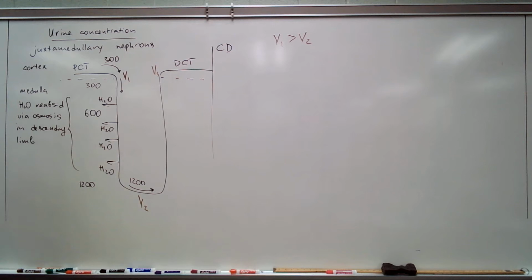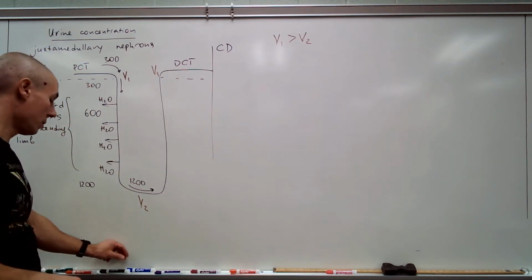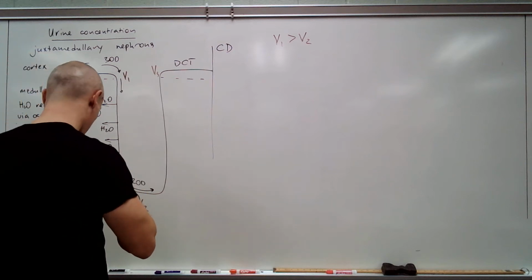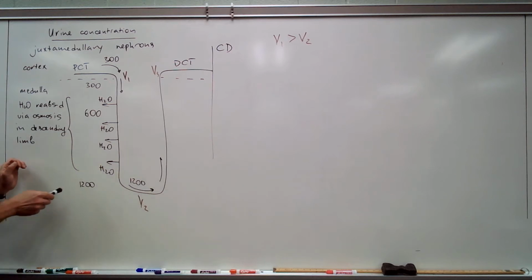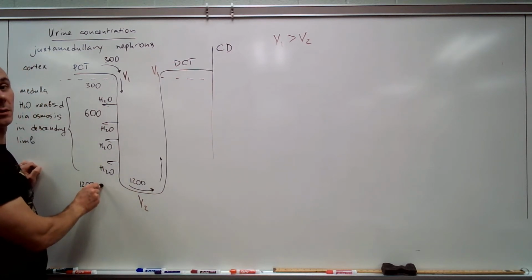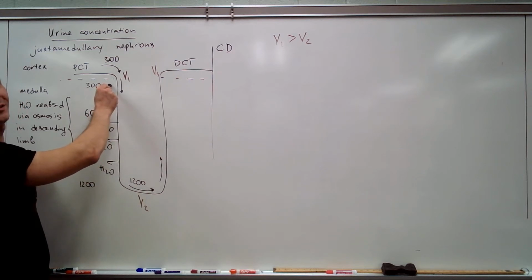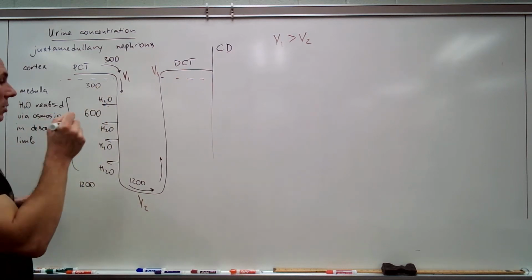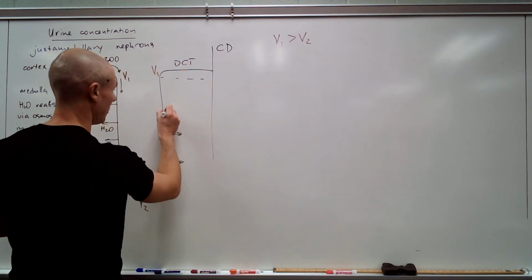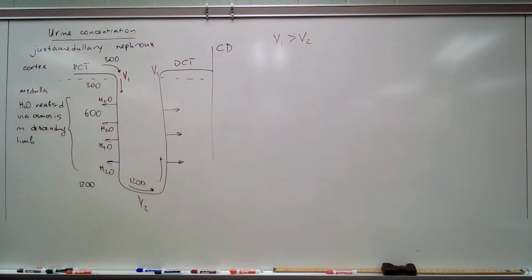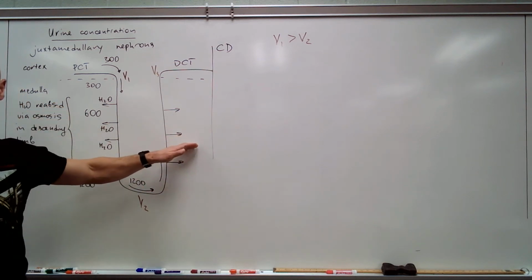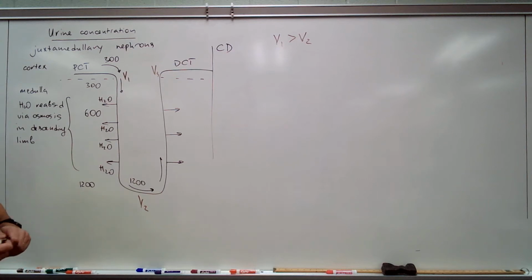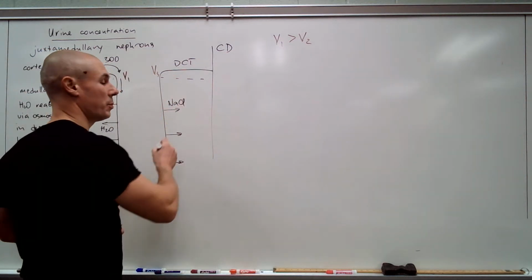And substantially more. Now, as filtrate goes up, now look what happens. It goes from high concentration to the low concentration. Does that make sense? And what happens here? At each step, the concentration of sodium in the filtrate is a little bit higher than the concentration of sodium in the medulla. So sodium chloride is being reabsorbed.